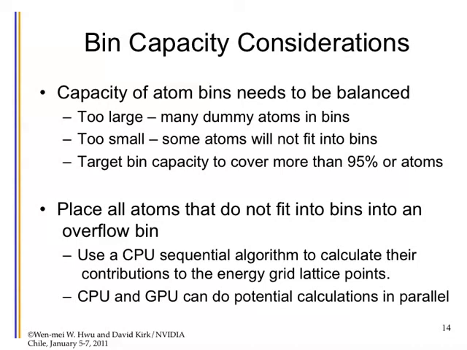Okay? So this assumes that the GPU will get about 20 times speedup over the CPU, so that if you put 5% of your total input into a CPU overflow bin, the computation time on both sides will be roughly equal. Okay, so that you can totally overlap the computation of the CPU and the GPU. This is the reason why NAMD type programs are very good examples of joint CPU and GPU computation.